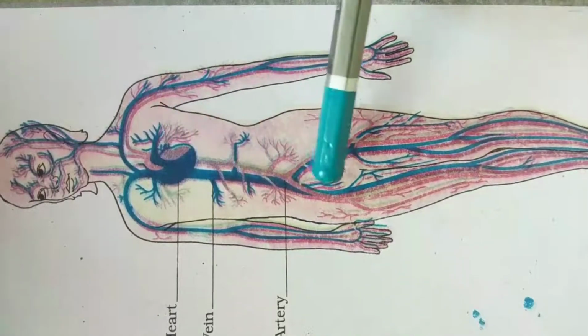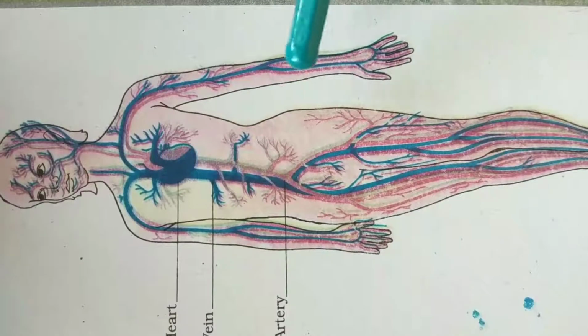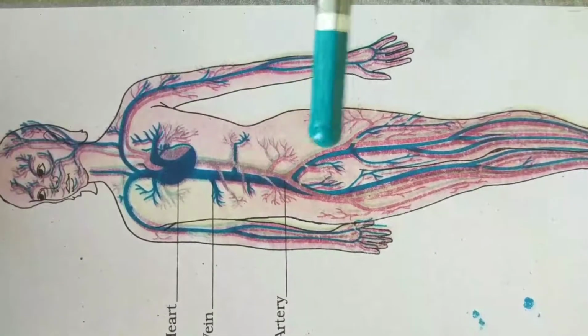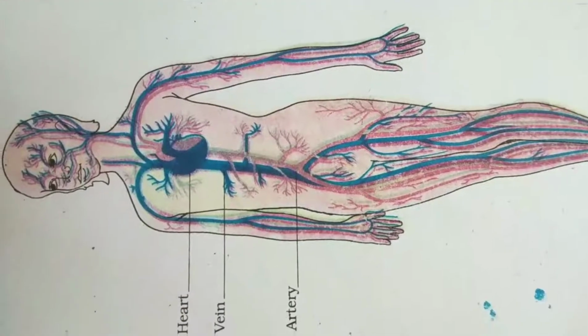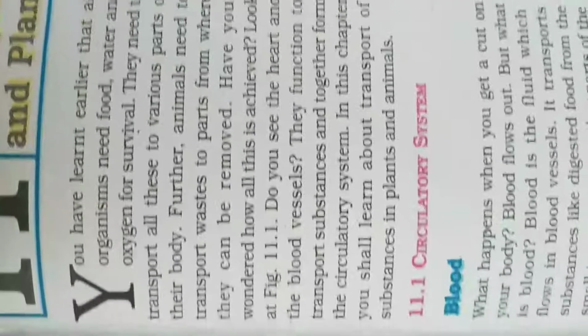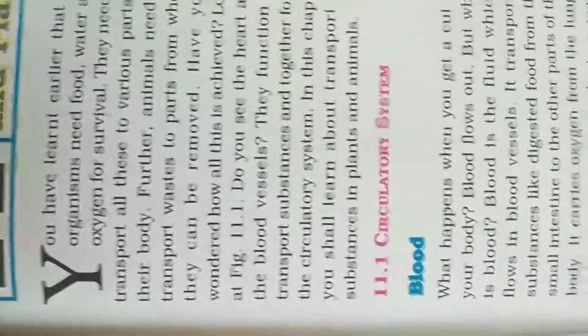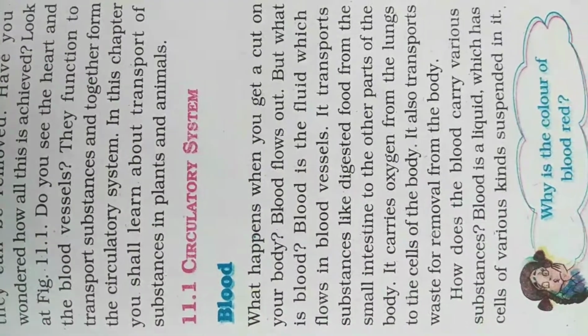In this, veins and arteries are present and they carry many things like blood and water, and pass them to the various parts of the body. So we'll discuss the circulatory system, and in that first we'll see about blood.